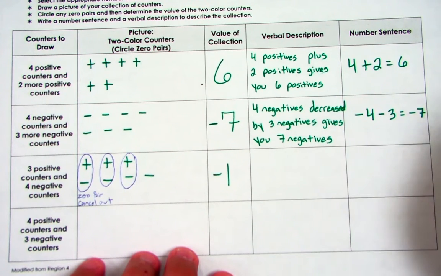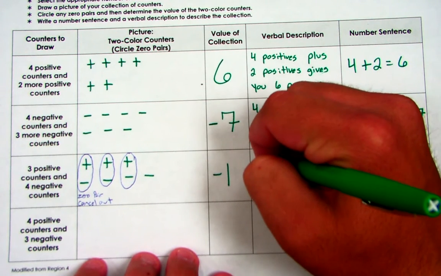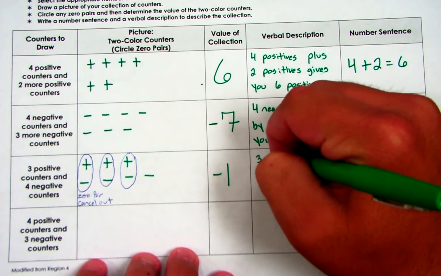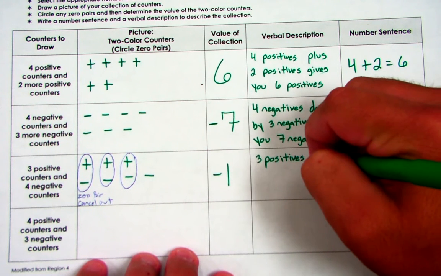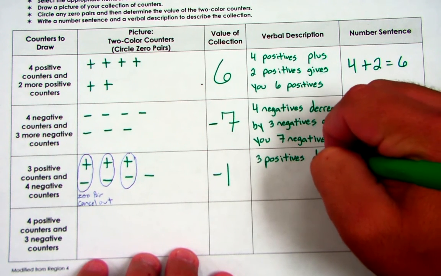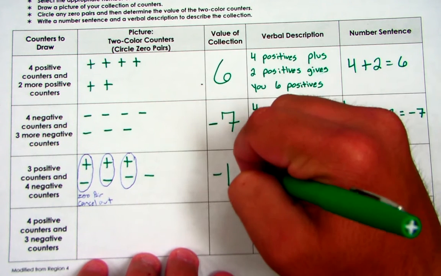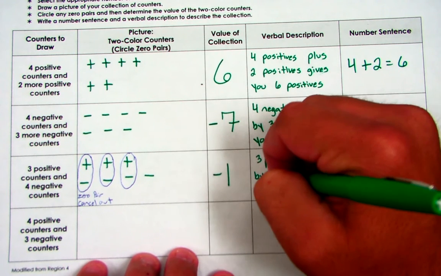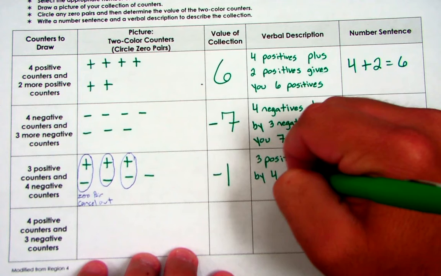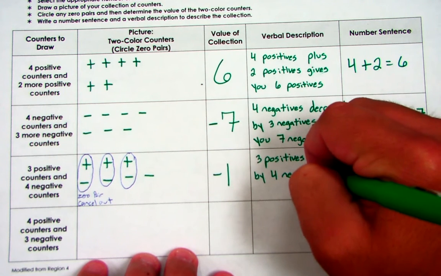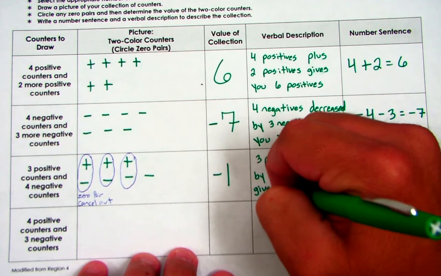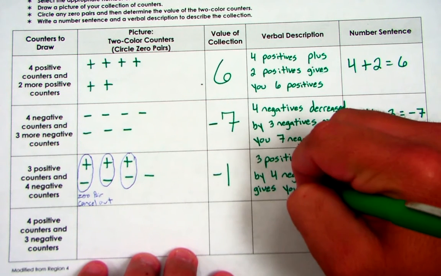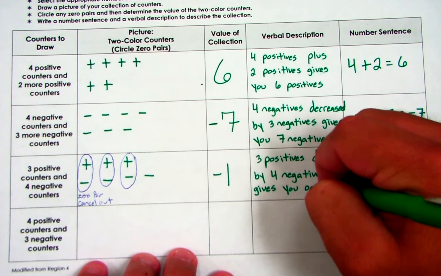Verbal description, 3 positives, decreased by 4 negatives, gives you 1 negative left over.